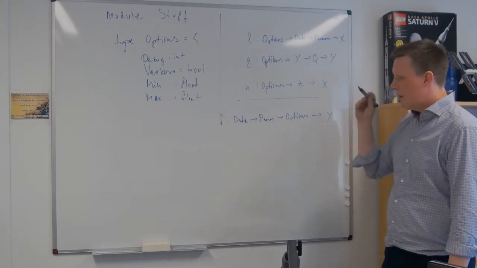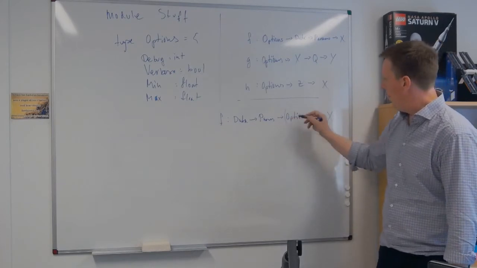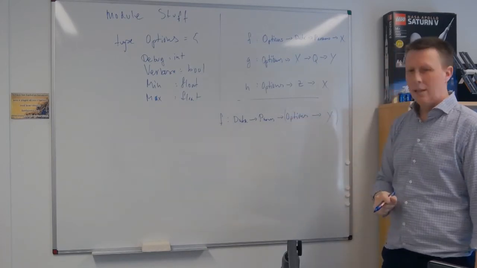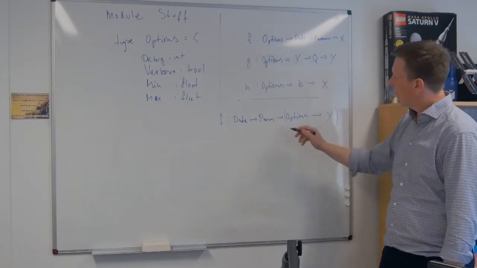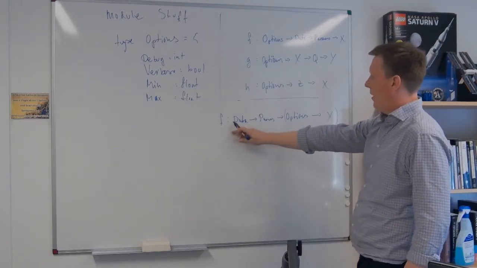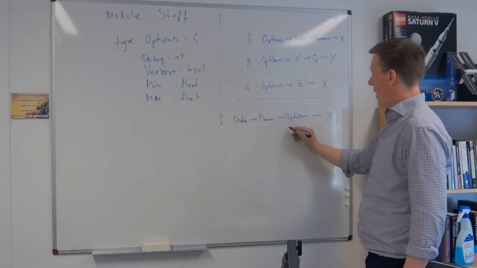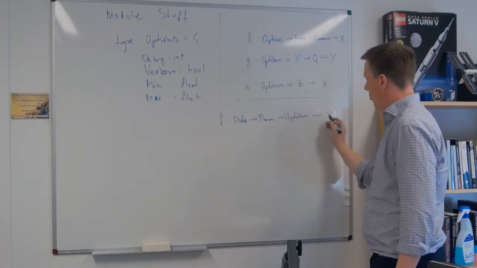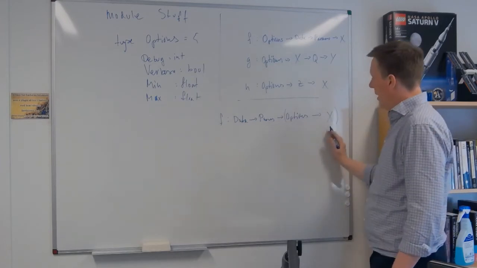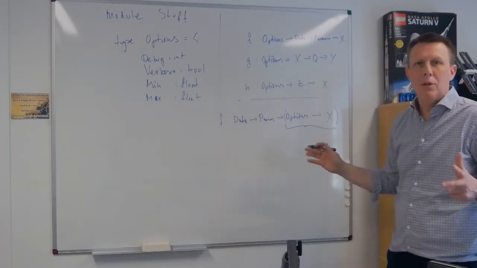And now we can look at this in a slightly different manner. I'm going to introduce a number of parentheses here and look at it like this instead. So now f is a function which takes some data and some parameters and returns a function which, when given options, can return me an x. And this here I will actually put into a proper type.